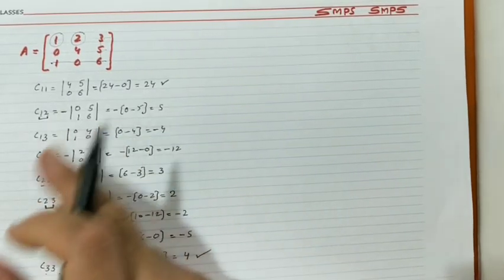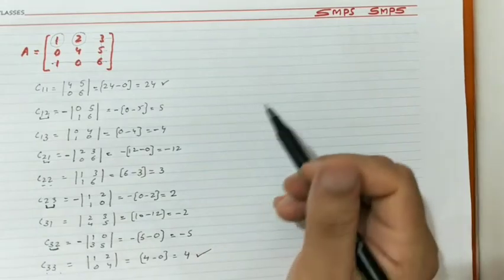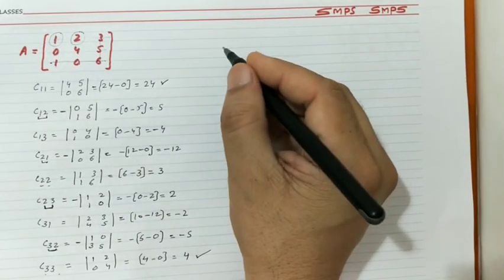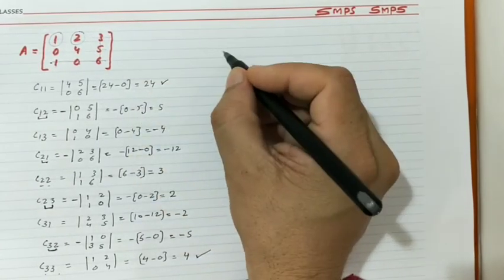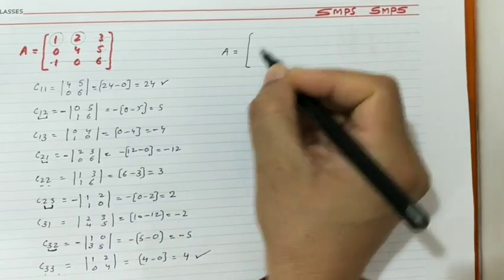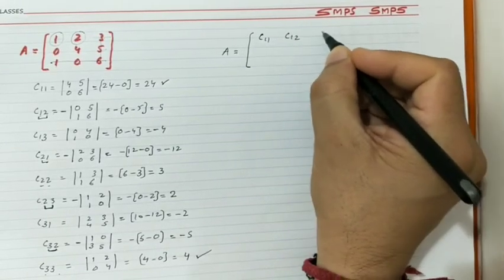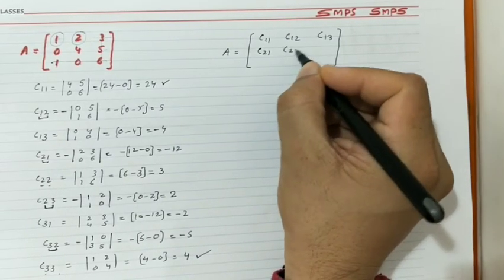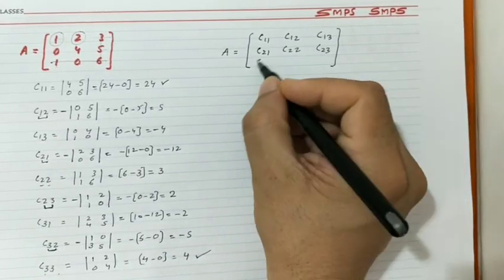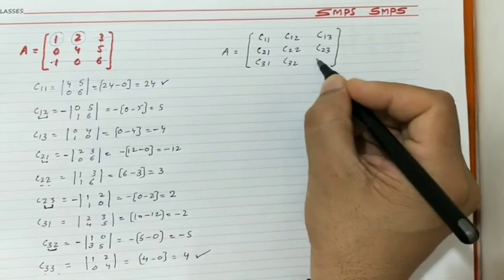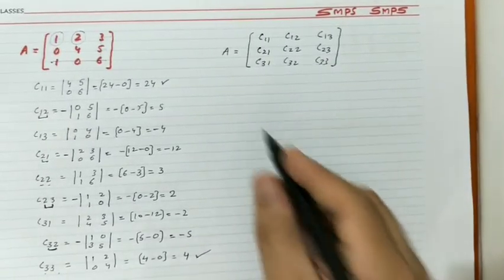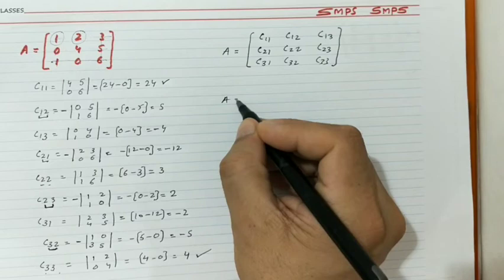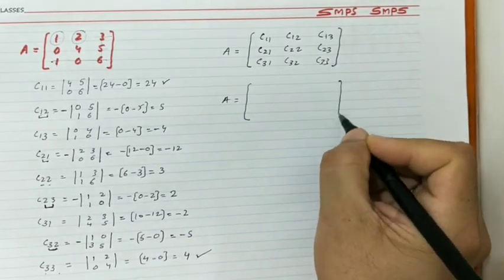Okay. So these are the cofactors of this matrix. And we will always write these cofactors in this order, that A is equal to C11, C12, C13, C21, C22, C23, C31, C32, C33. So what is the value of this?